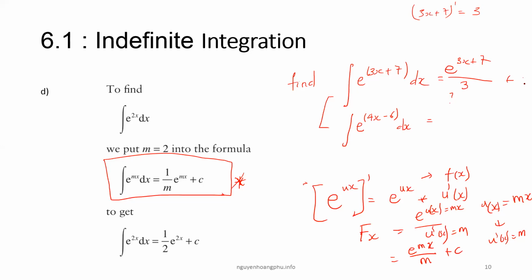So divided by 3 plus c, and here again you will have e^(4x-6) divided by 4 plus c. So we can make a general formula: the integral of e^(ax+b) dx is equal to e^(ax+b) divided by a plus c.